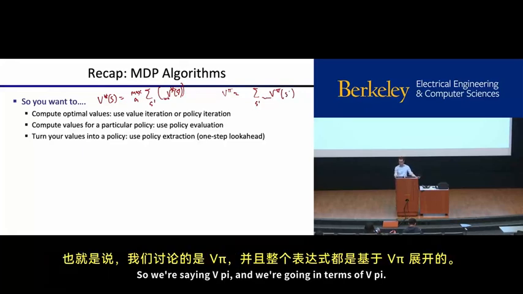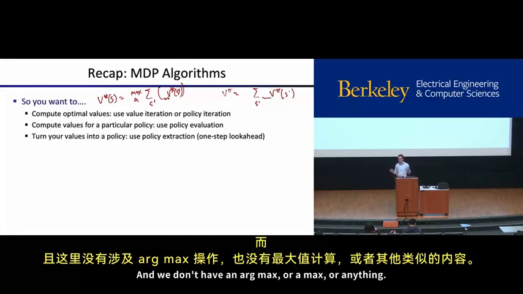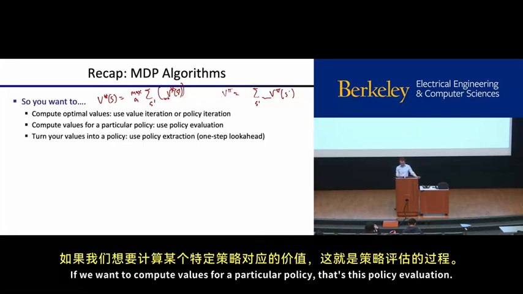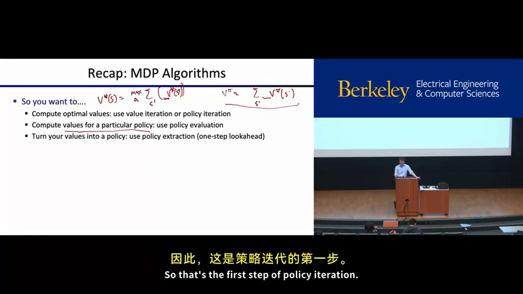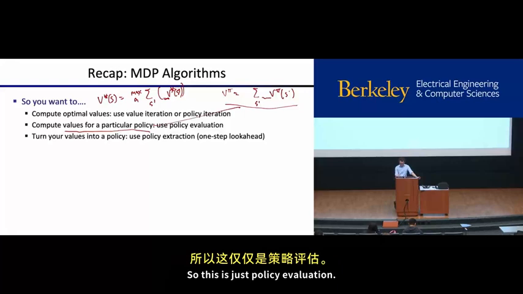So we're going in terms of v pi, and we don't have an argmax or max or anything. If we want to compute values for a particular policy, that's policy evaluation. That's the first step of policy iteration.